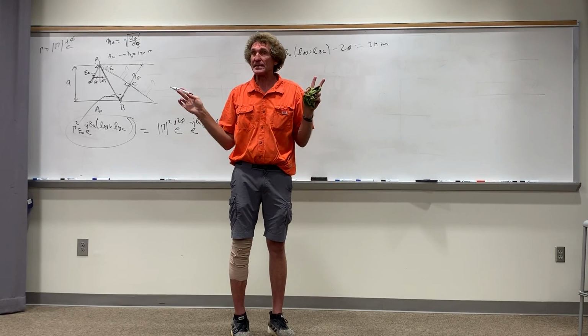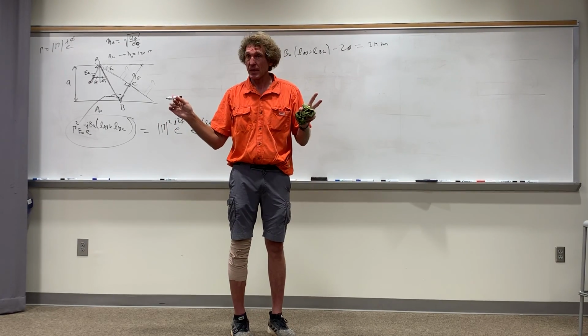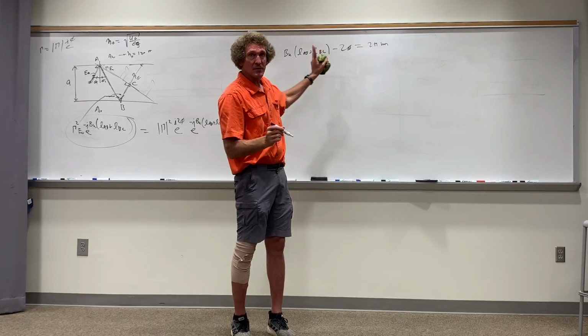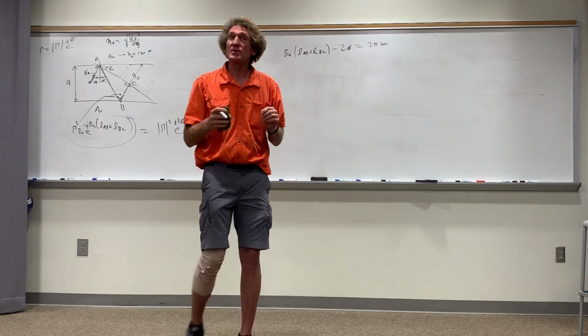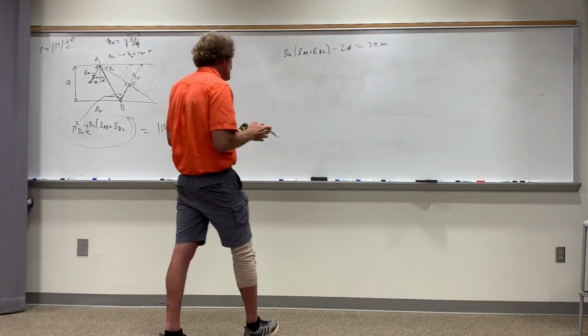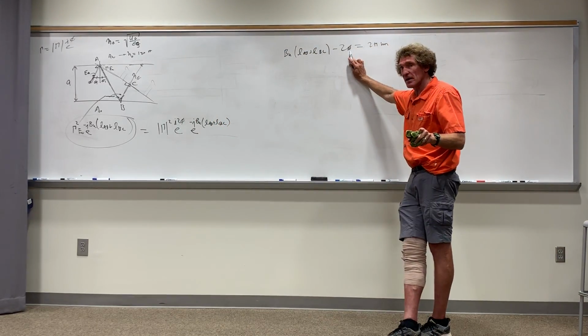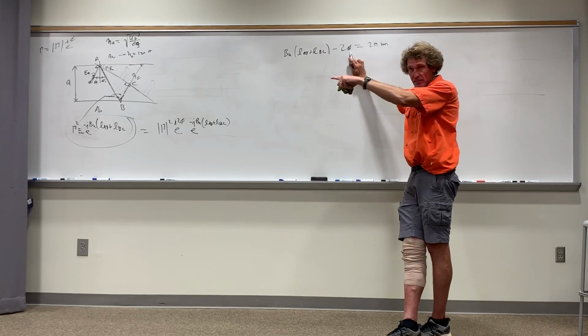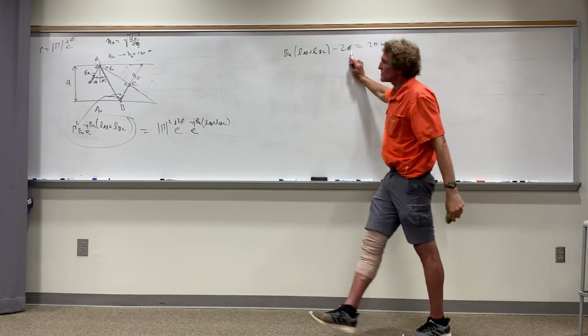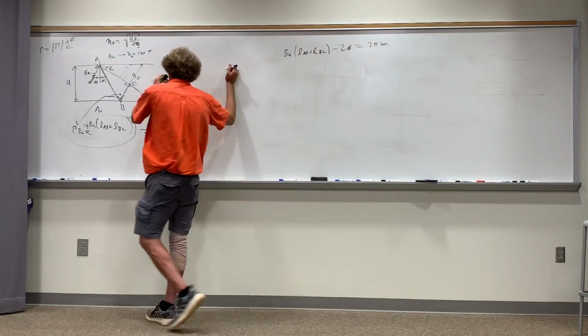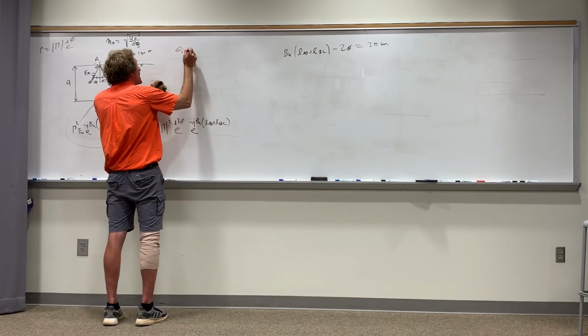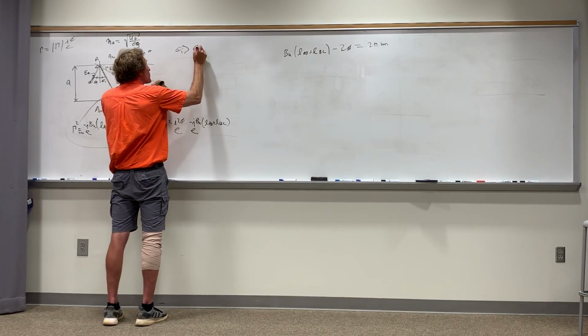Now, we didn't say if it's TE or TM, right? And there'll be two different values we get for where this solves it. And I'll just tell you right now, you have to get this phi right here in terms of the angle theta. Are you with me on this? There's also a stipulation that I didn't say. You have to assume theta I is going to be greater than the critical angle.